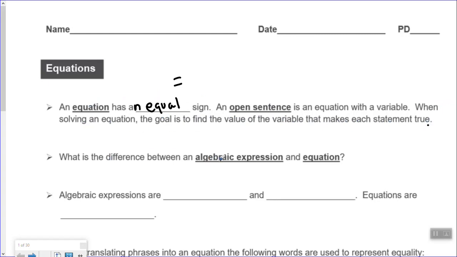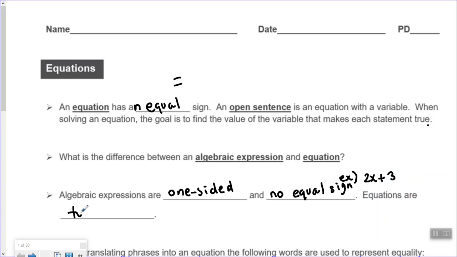What is the difference between an algebraic expression and an equation? Algebraic expressions are one-sided, and there is no equal sign. For example, if we have 2x plus 3, that's an algebraic expression. It's one side, you don't have any equal sign.